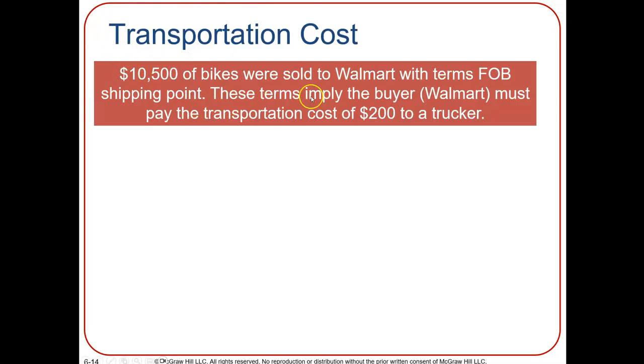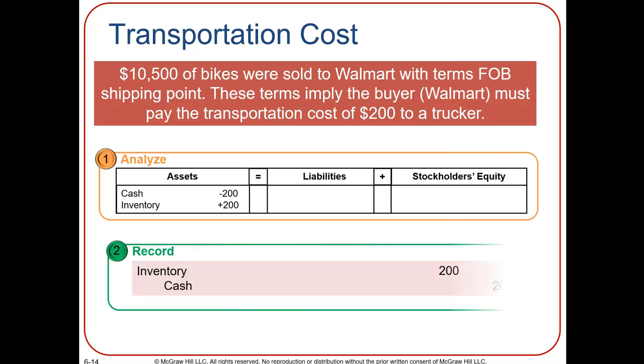So then it says, these terms imply the buyer, Walmart, must pay the transportation cost of $200 to a trucker. All right, no problem. But watch what happens here. That $200 goes into inventory. So here's what you're looking for: do I include it in inventory or not?